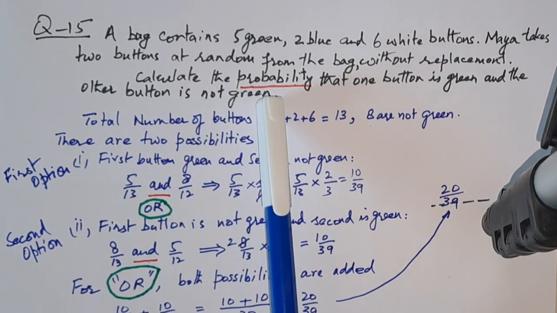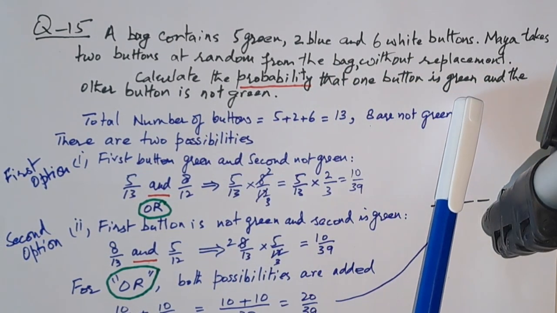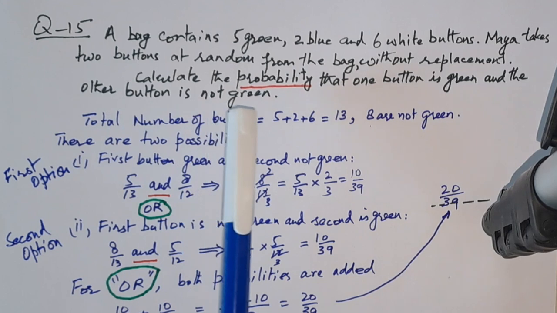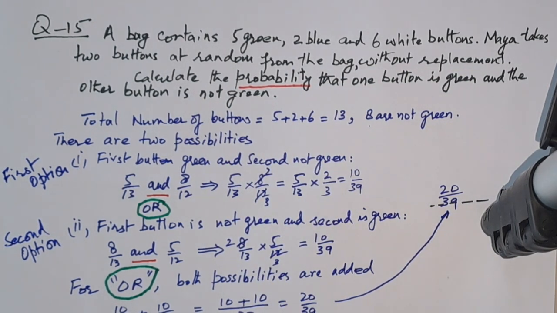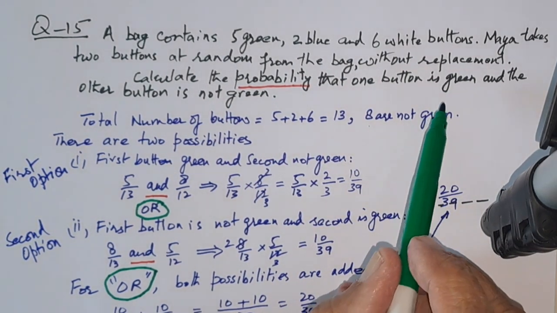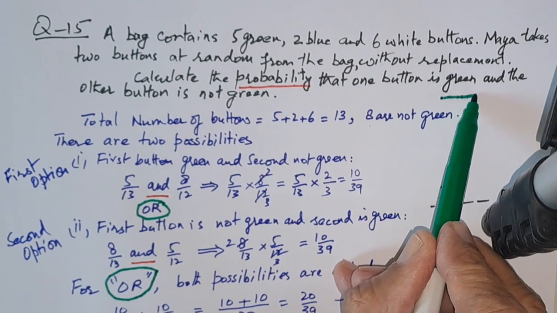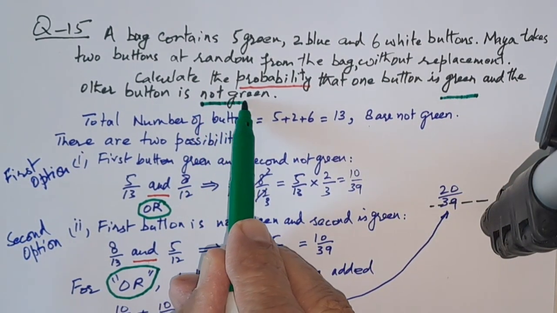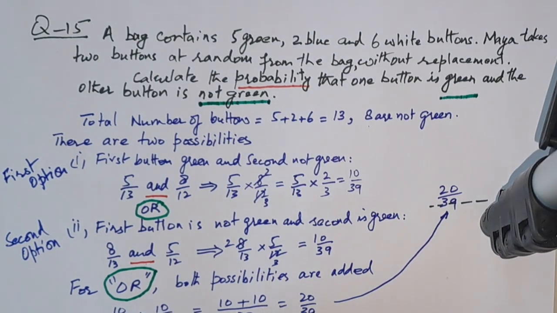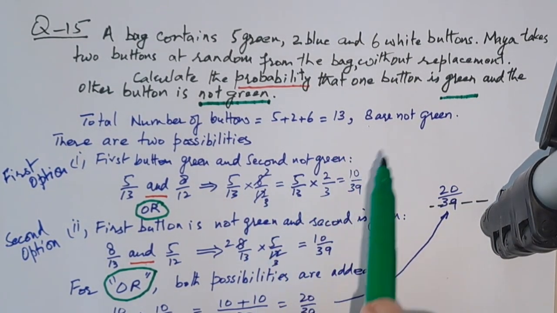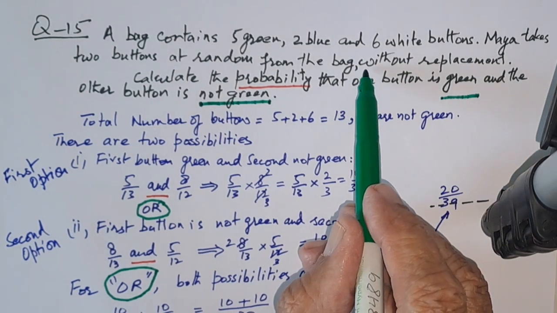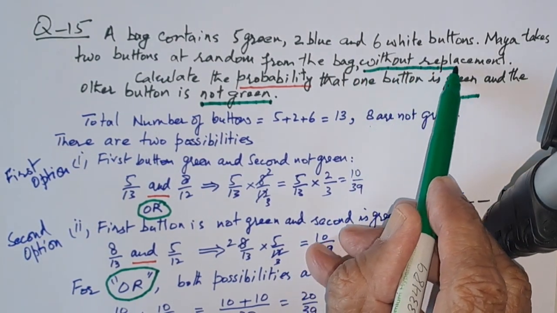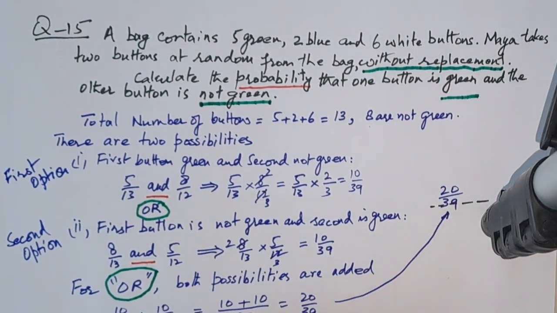Calculate the probability that one button is green and the other button is not green. So these are two conditions or two variables that we have in this question. And the other important thing is that the buttons are not being replaced.